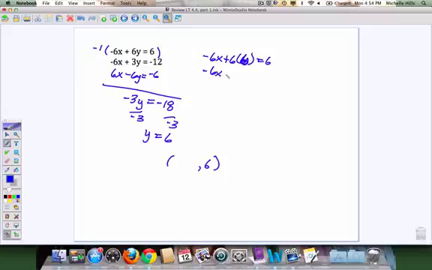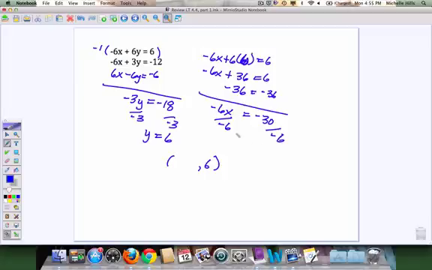Simplifying this down, negative 6x plus 36 equals 6. When I subtract the 36 from both sides to move the constant to the right, I get negative 6x equals negative 30. And then when I divide both sides by negative 6, I get x equals positive 5. So it's the point 5, 6 that I was looking for.